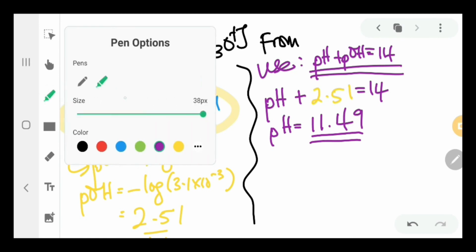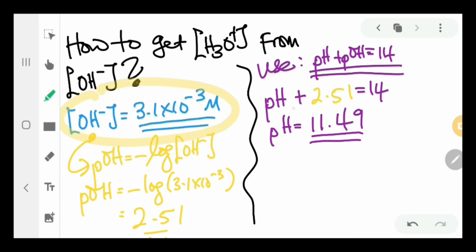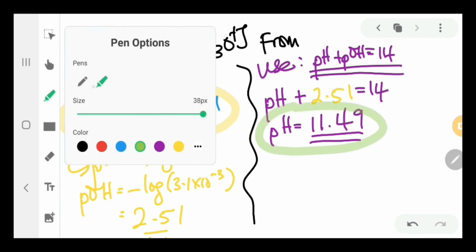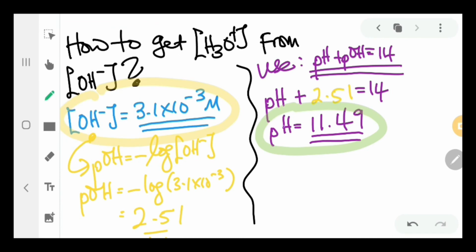And we're going to use this one: pH equals negative log concentration H plus.